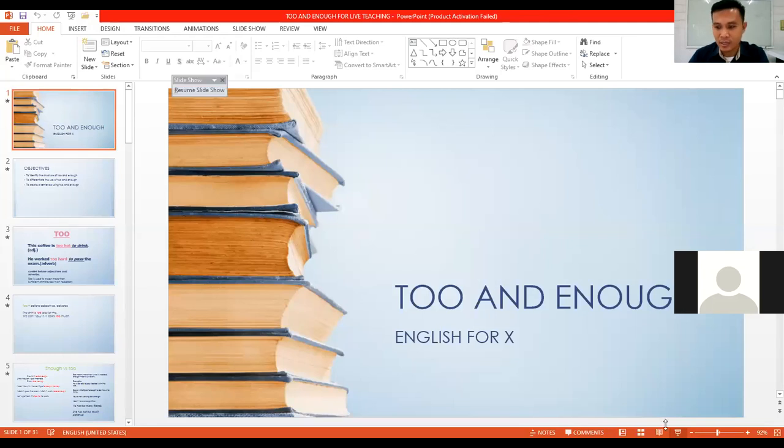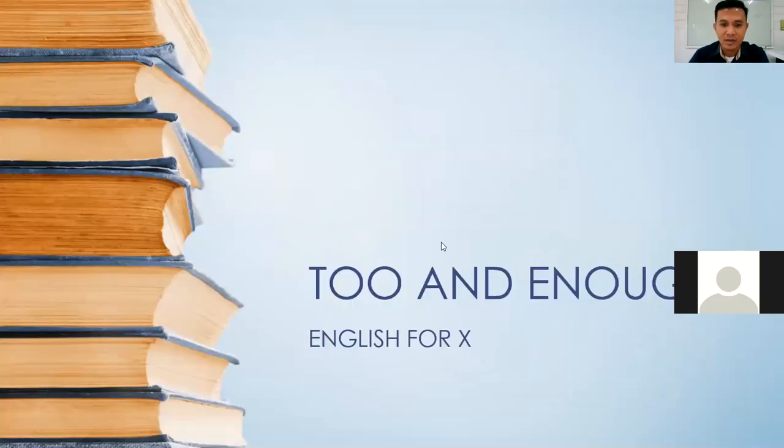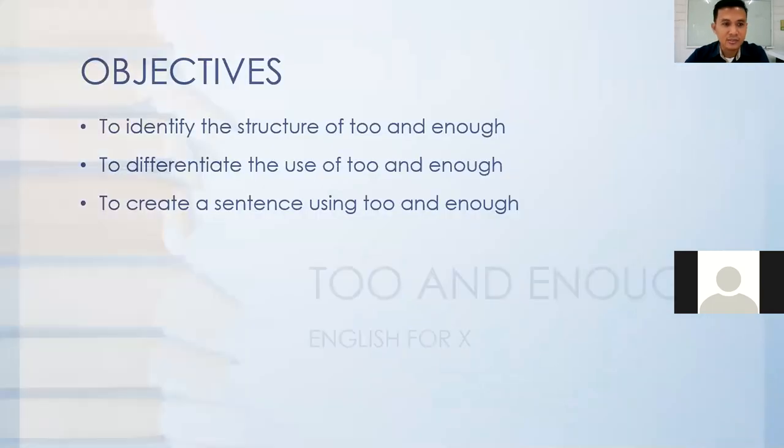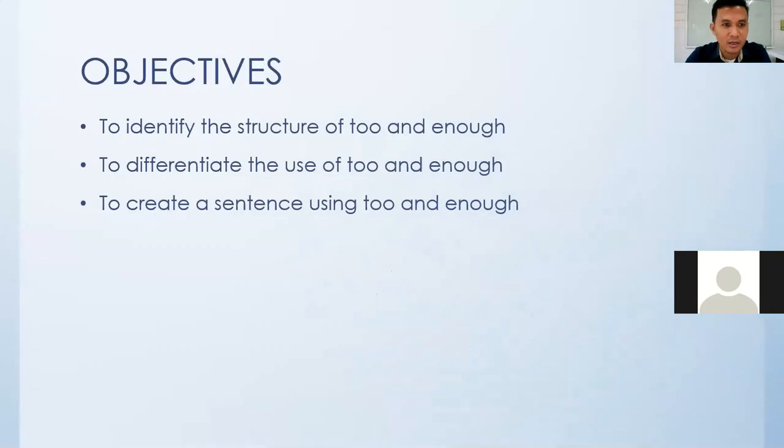Before going further, what are the learning objectives of this topic? The objective is that you will be able to identify the structure of "too" and "enough" in a sentence.